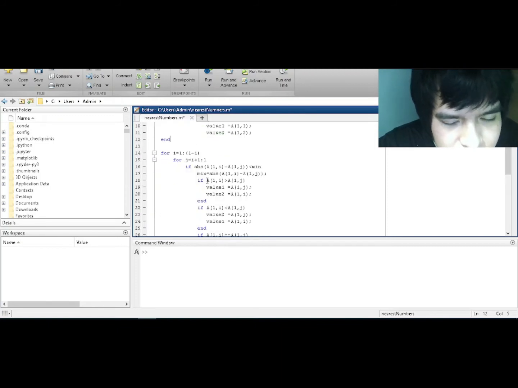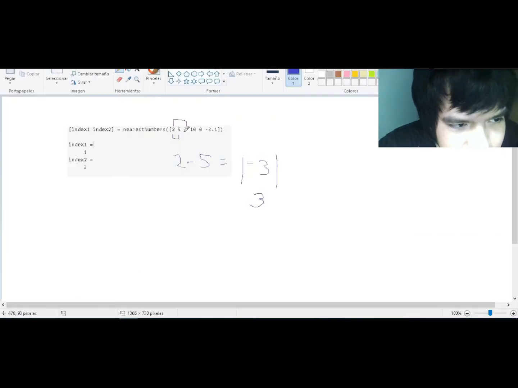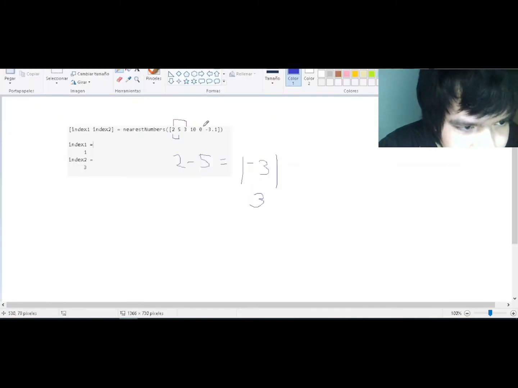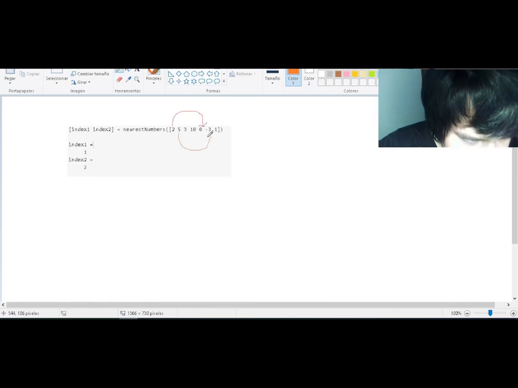Then we have to make the iterative part of the code, which is checking for all the pairs. So we just make for i equals 1 through the length minus 1. And then for j, from i plus 1 to L. So we start from here to here, and then the other one is going to start here to here.